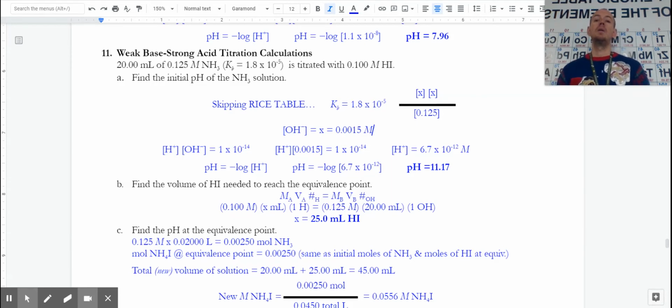On part B, what's a little bit different on this one is molarity times volume times hydrogen, molarity times volume times hydroxide. That's all the same, but what we need to recognize here is that ammonia, NH3, doesn't really have any hydroxides in it. For these bases that are not like KOH, Ca(OH)2, etc., we would need to think about how many hydrogens they can accept.